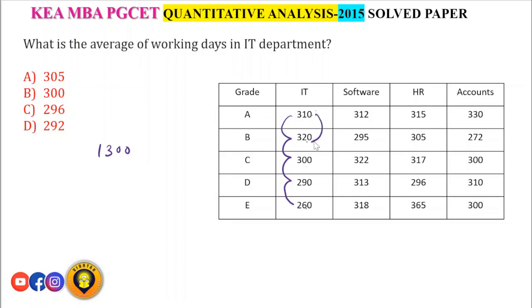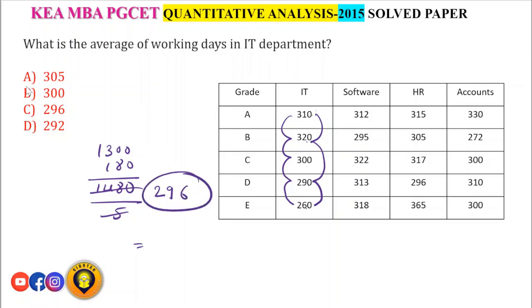Then 10 plus 20, 30. 30 plus 90, 120. 120 plus 60, 180. So 1480 is the total sum divided by 5. You will get the average. So 1480 divided by 5. 5 2s are 10, 5 9s are 45, 5 6s are 30. So the answer will be 296. Practice how to divide the numbers very quick, fast.